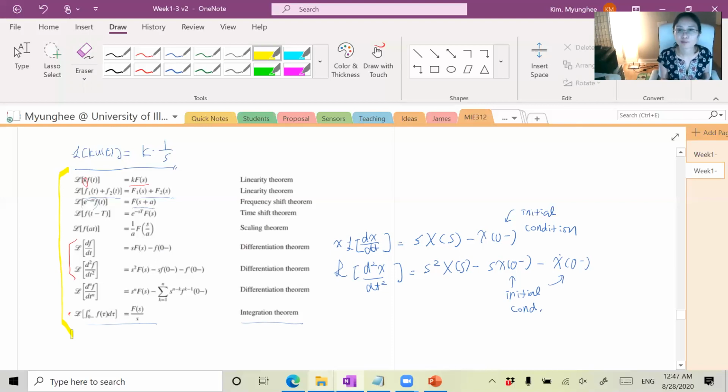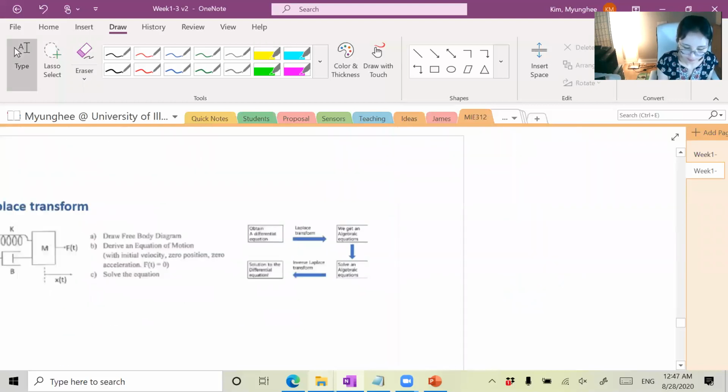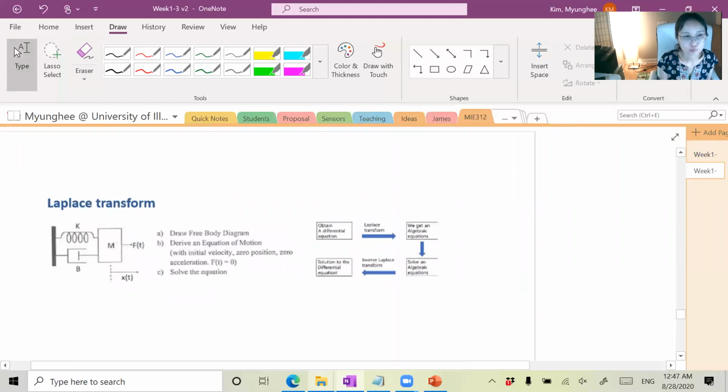This table will be your friend, and calculate Laplace transforms. So here are just some examples. We want to take the Laplace transform of the equation of motion, because we can get an algebraic equation.